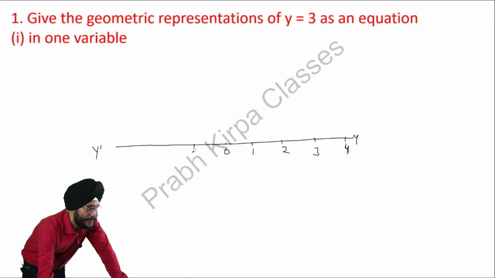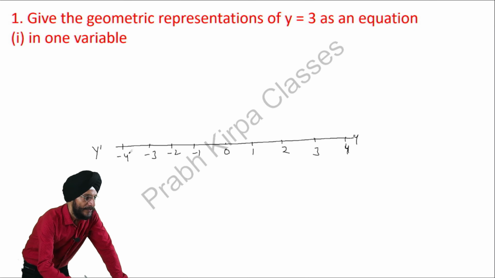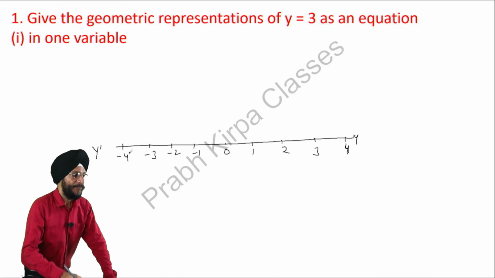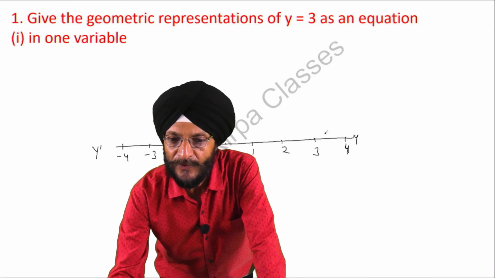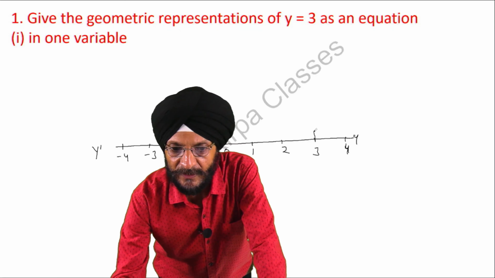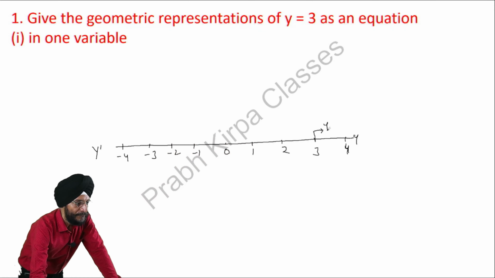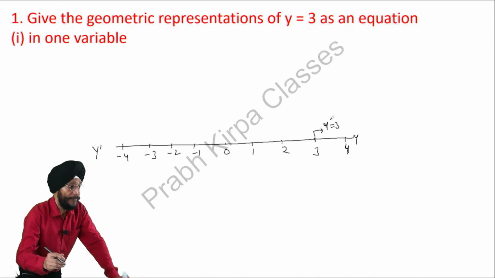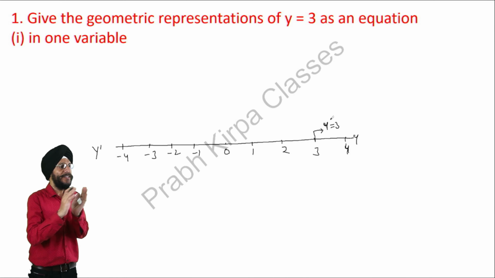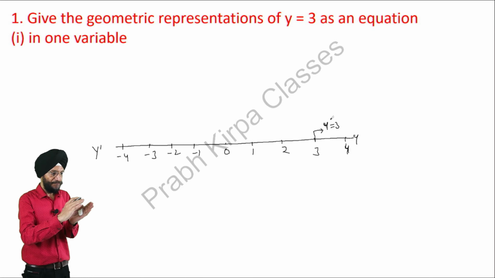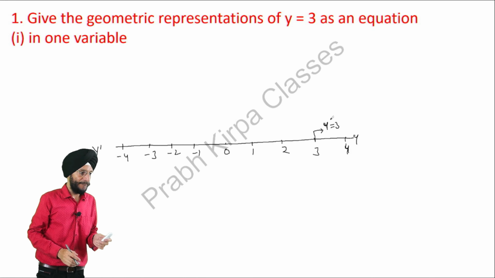Here it is -1, -2, -3. Now we have drawn the number line. Here we are to simply pinpoint the value of y is equal to 3. Here it is y is equal to 3. We have been able to draw the geometrical representation of y is equal to 3 on the number line.